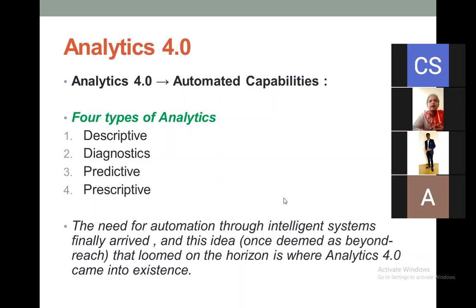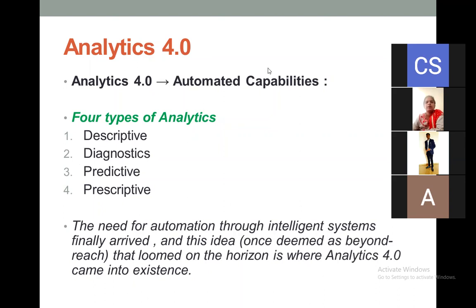In this type of analytics we also do the analysis: descriptive, diagnostic, predictive, and prescriptive. But compared to Analytics 3.0, here they have some automated tools, and by using those we deal with descriptive, diagnostic, predictive, and prescriptive analytics.